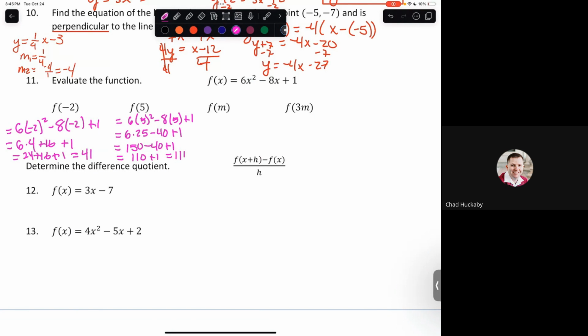What about f of m? I think I actually prefer to plug in variables into functions rather than just values, because for f of m, all I have to do is plug in m everywhere I see an x, and so there's only one step.